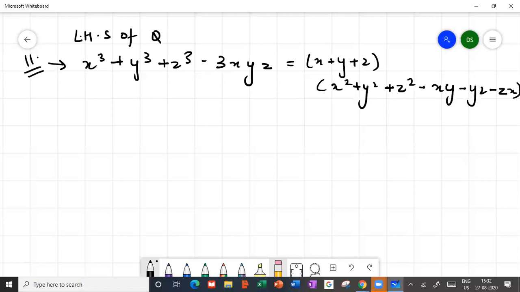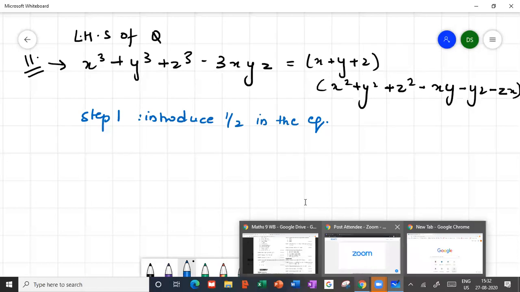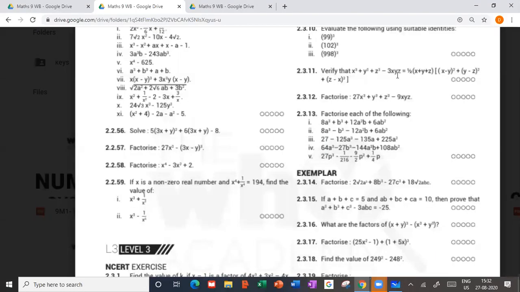So step one is I'm introducing the half. Step 1, introduce half. Ma'am, why are you doing this in the identity? We have to do it in the question, right? Isn't this the question that they want you to show that the LHS is equal to the RHS? No, the question is different.